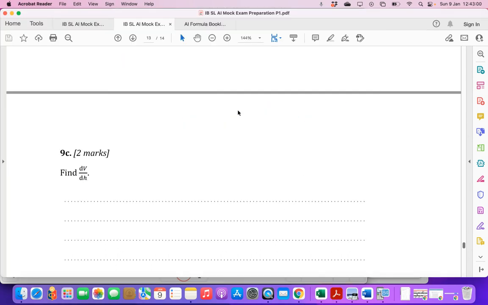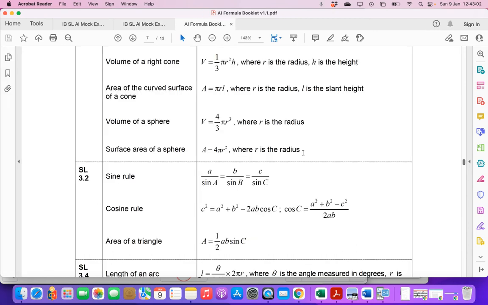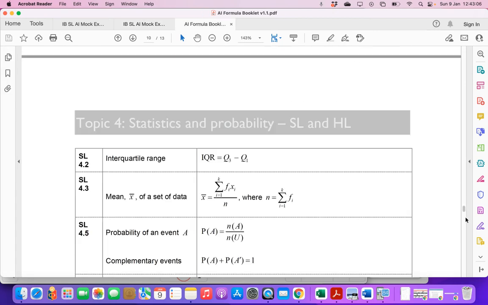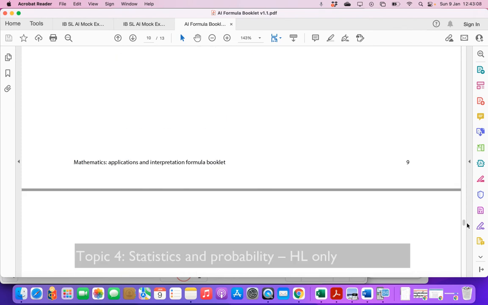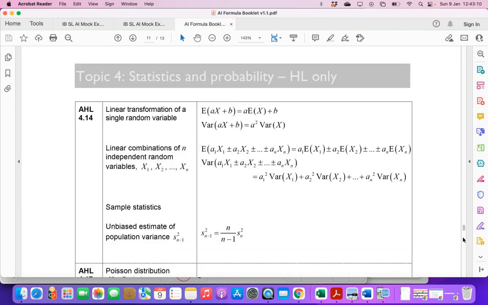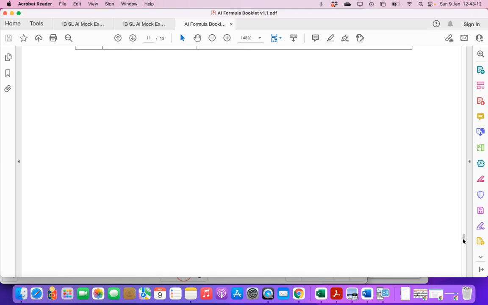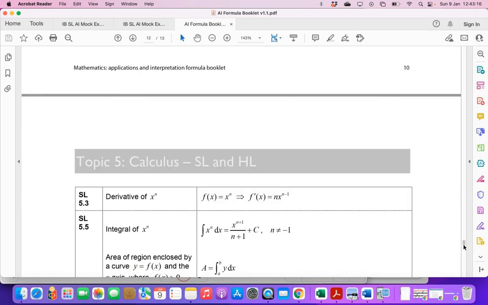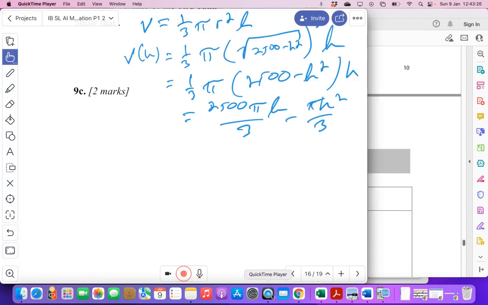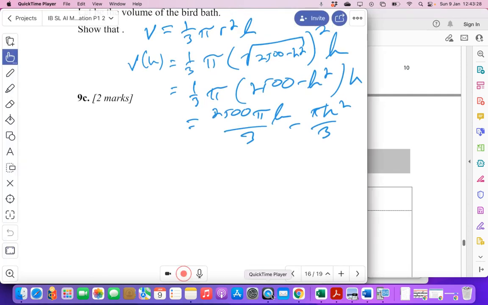We remember from differential calculus, topic 5, take the power down front and multiply, then subtract 1 from the power, and we get the derivative, dV/dh in this case. So there's V as a function of h.